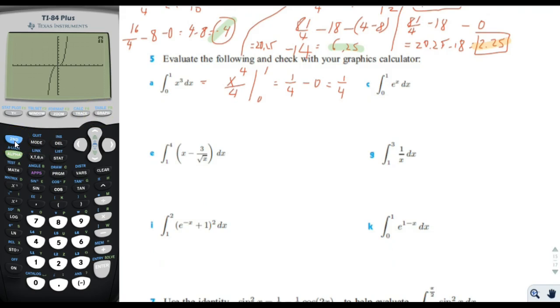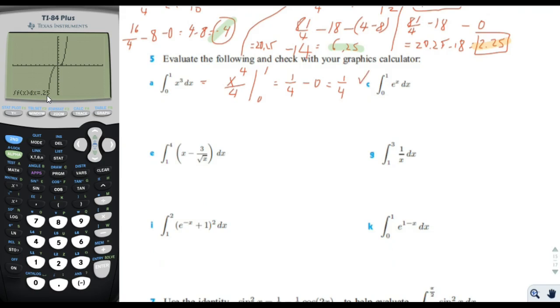You know what that looks like, right? And then do second calc, and you go to integral, and then you have to say, hey, I'm going to integrate from 0. So you say, is your lower limit, let's see, we'll put in 0, enter, and then we'll put in the upper limit as 1, and it says the answer is 0.25, and that is correct, right?